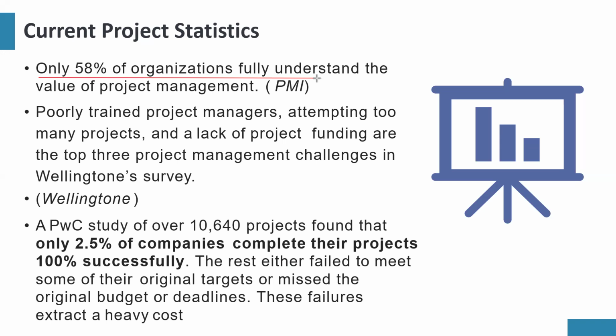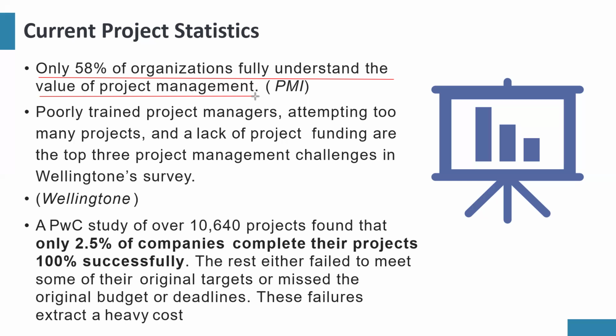Only 58% of organizations fully understand the value of project management. 58% is like 60%. So let's say 6 out of 10 organizations fully understand the value of project management. Now, that means if we have 10 companies represented in a particular room or location, 4 out of 10 companies really don't understand what project management is about.